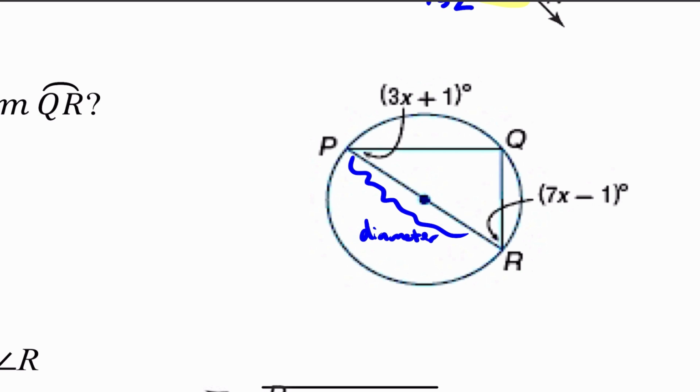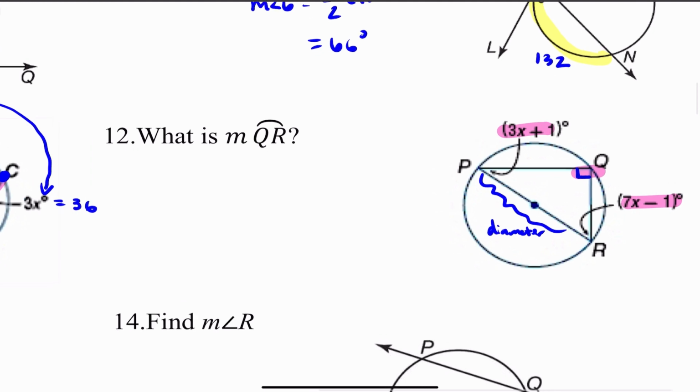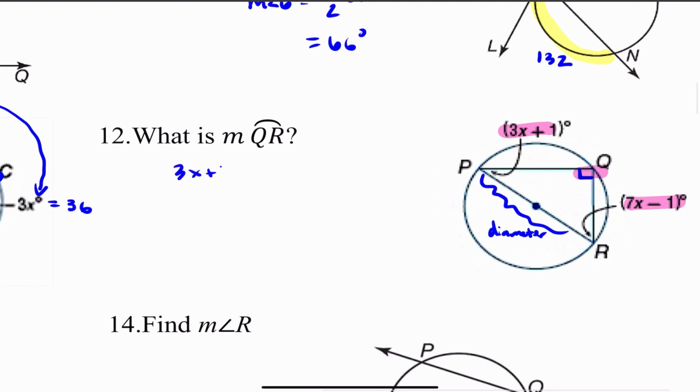If one side of a triangle goes through the center of the circle, therefore being a diameter, then you can safely assume that this angle is 90 degrees. So you can take the sum of these angles and set it equal to 180 degrees. So you have 3x plus 1 plus 90 plus 7x minus 1 equals 180.